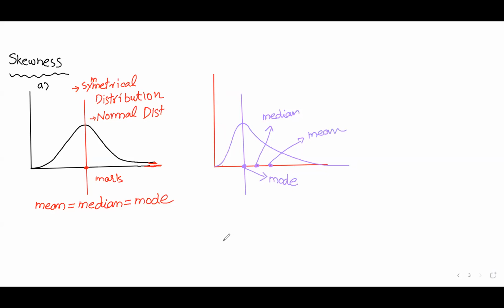In that case, make sure of the rule: the mode is less, then it comes to the median, and then the mean. And this is known as positive skew.